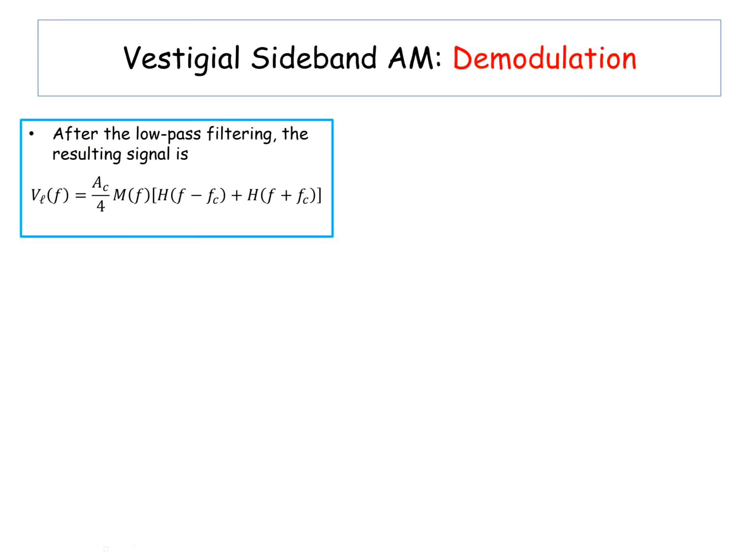Assume that a filter to select the upper sideband components is used. Then the second term in the resulting signal can be illustrated as follows.